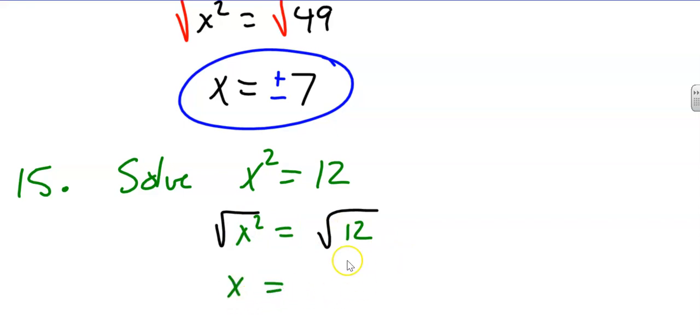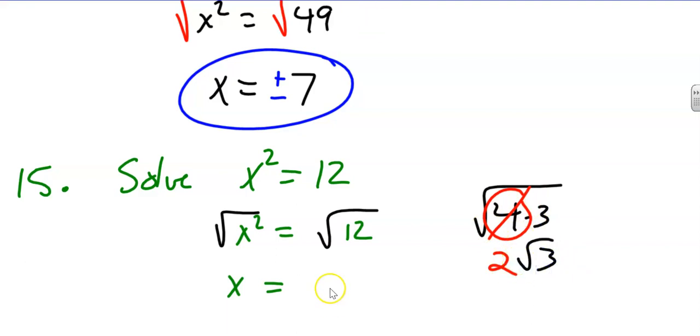Left side we get x, and with 12, if you break that down, that would be 4 times 3. There's your perfect square root. You can take the 2 out, leave the 3 there, so that's 2 square root of 3. And again, because it was x squared, we need 2 answers. Go back and put the plus or minus.